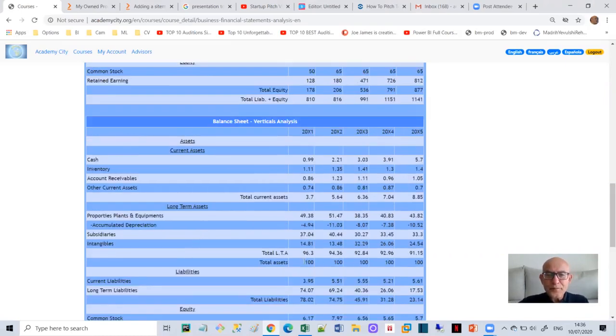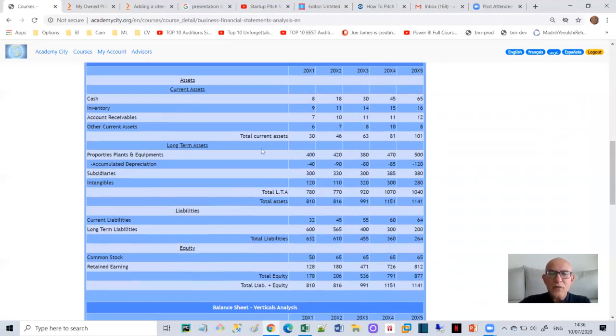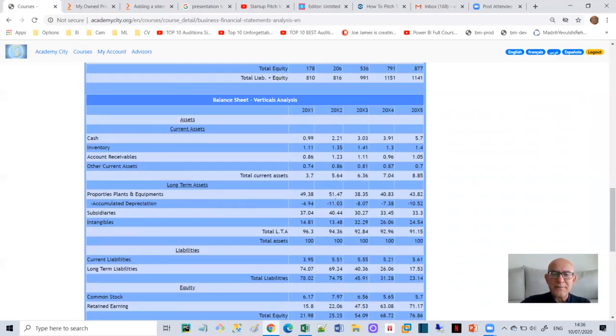One, if I want to compare one year to another, I can tell that the cash went up this year. But at the same time, also the assets went up. The question is, proportionately, did the cash go up more than the total assets? So if we look at those two numbers, 8 divided by 810, 18 divided by 816, what do we discover?